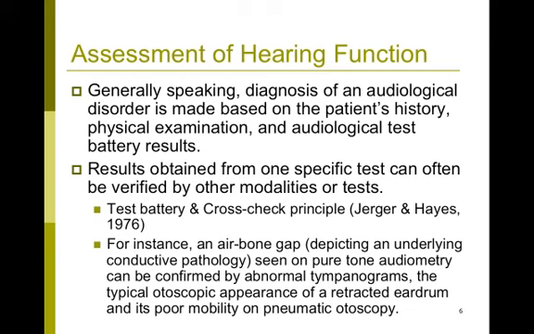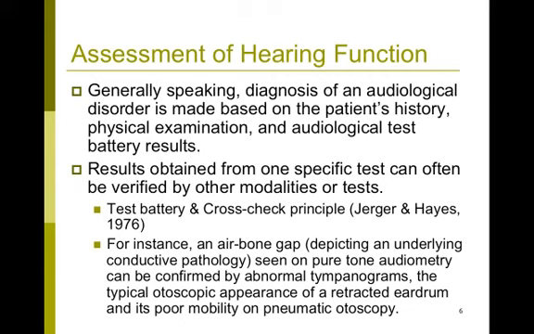And then there is a battery of tests that you would typically do for a conventional hearing assessment. And the results we obtain from any specific test, we would like to verify with other tests. This is what we call the cross-check principle that we've been promoting and practicing for a long time.